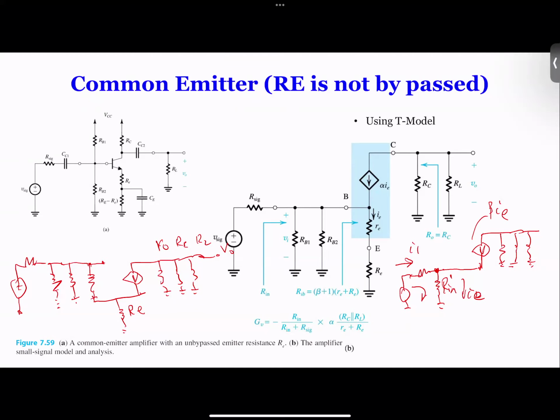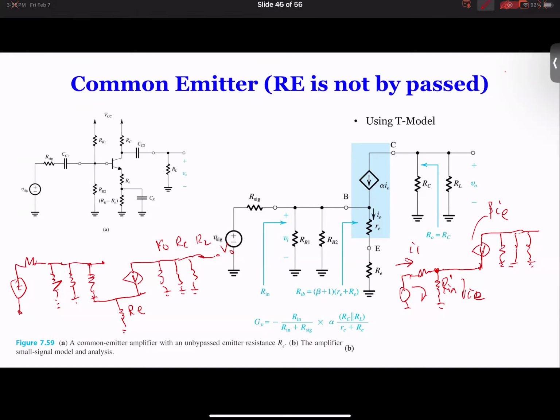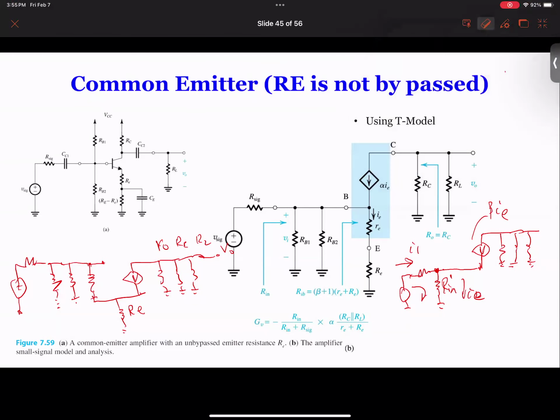Oh, sorry, alpha times IE, not beta. Alpha times IE, but this IE over here. Now, instead of doing nodal analysis, of course, there's another trick: IE equal to beta plus 1.